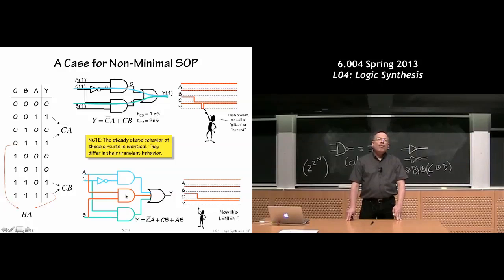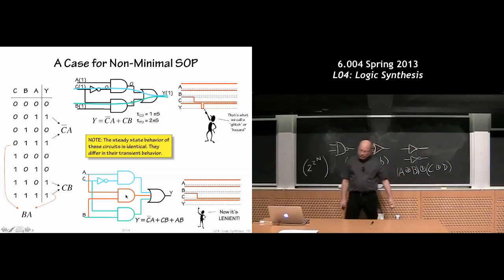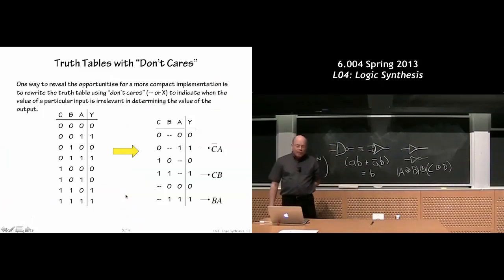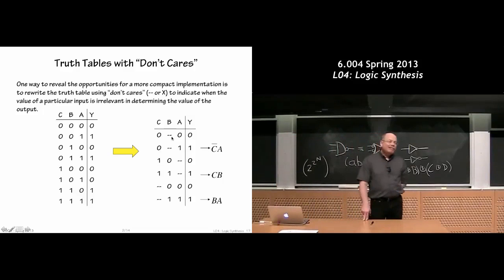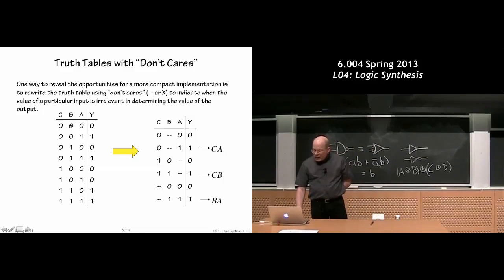And in fact, you'll talk more about leniency tomorrow in recitation and what it represents. And in terms of truth tables, what we're doing is rewriting the truth table to involve these don't cares. We're identifying situations where a particular input doesn't matter, and rewriting the truth table to eliminate 2 rows here.